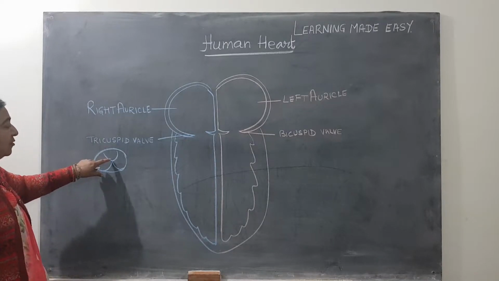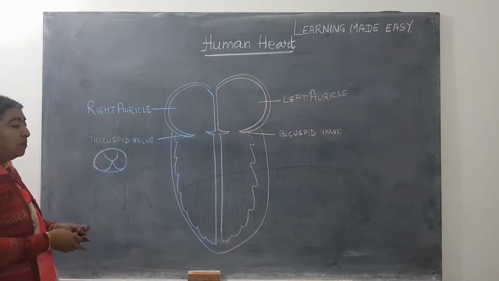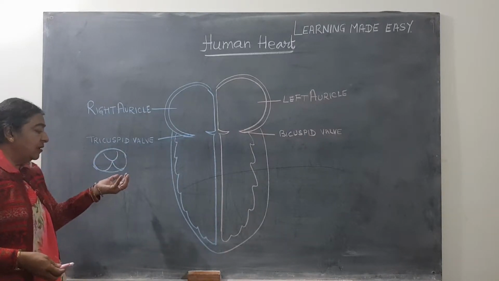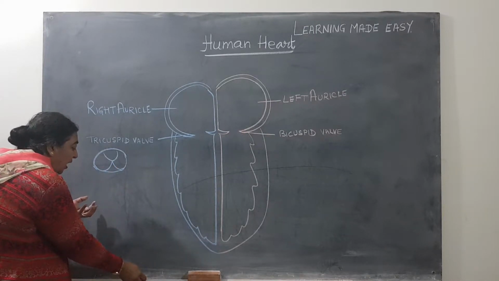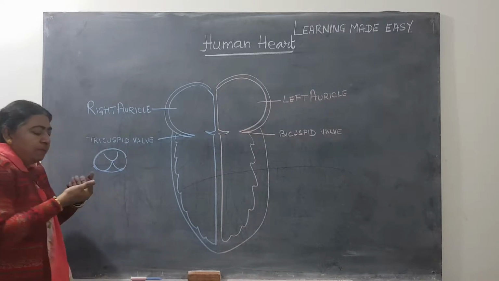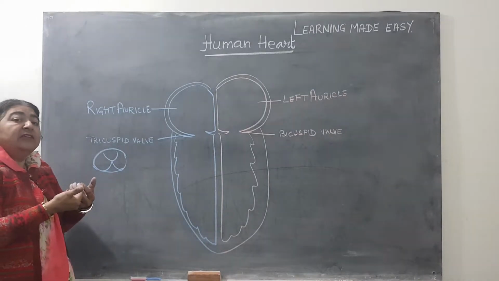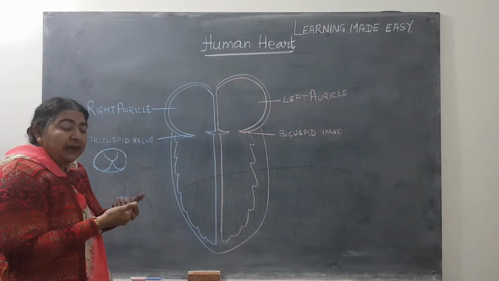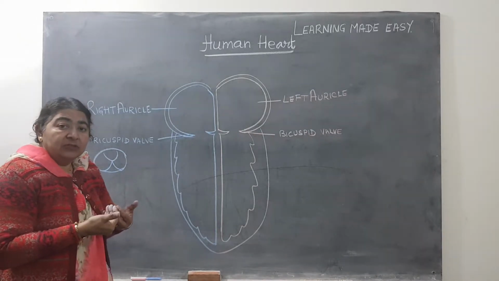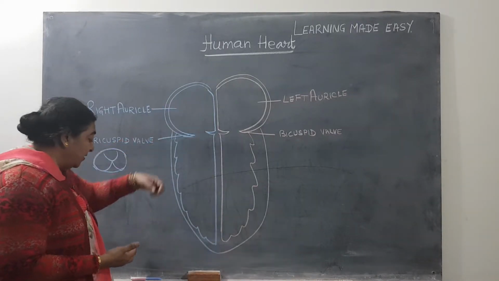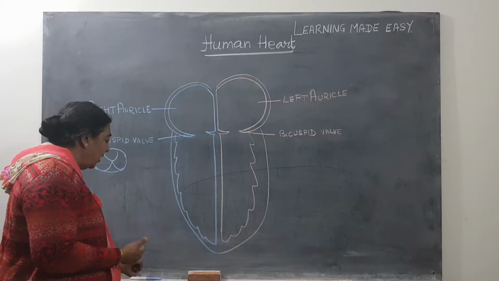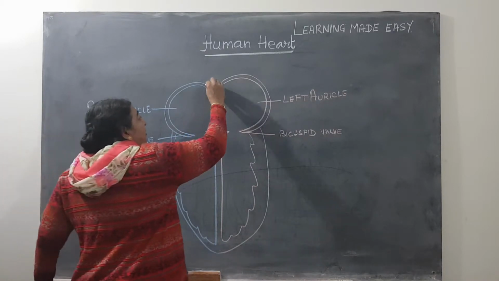These tricuspid valves bend downwards, put a pressure and are quite closely packed so that there is no leakage of blood when they are closed. It's only when the auricles contract that they can send the blood to the ventricles.